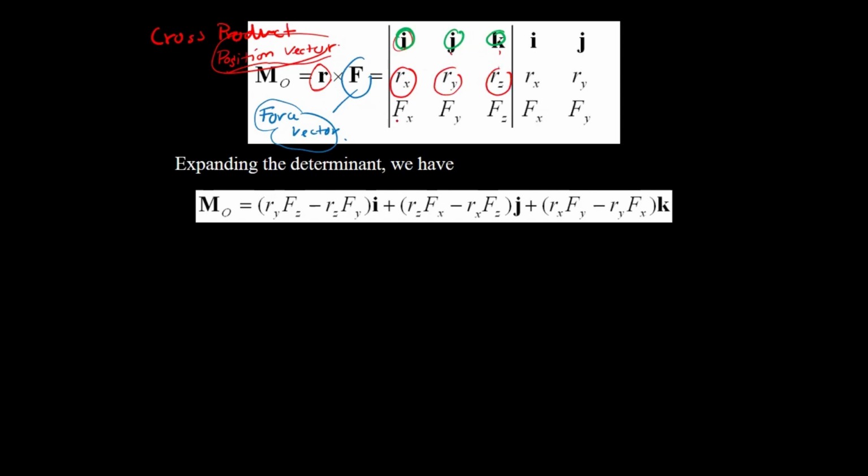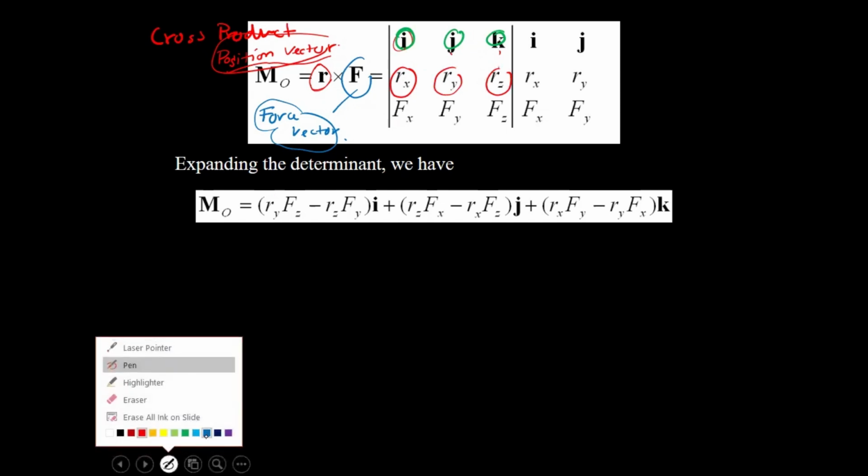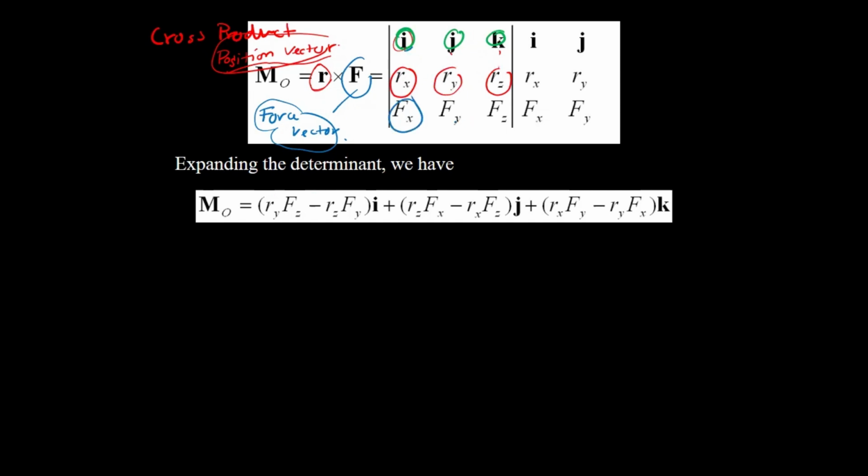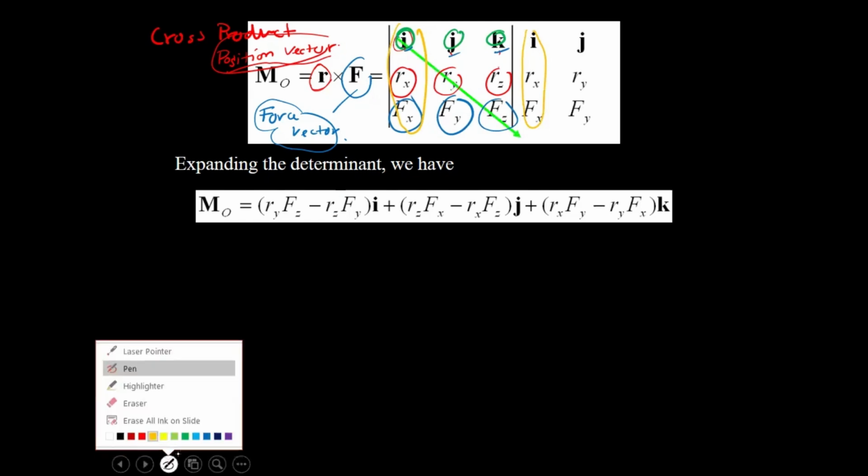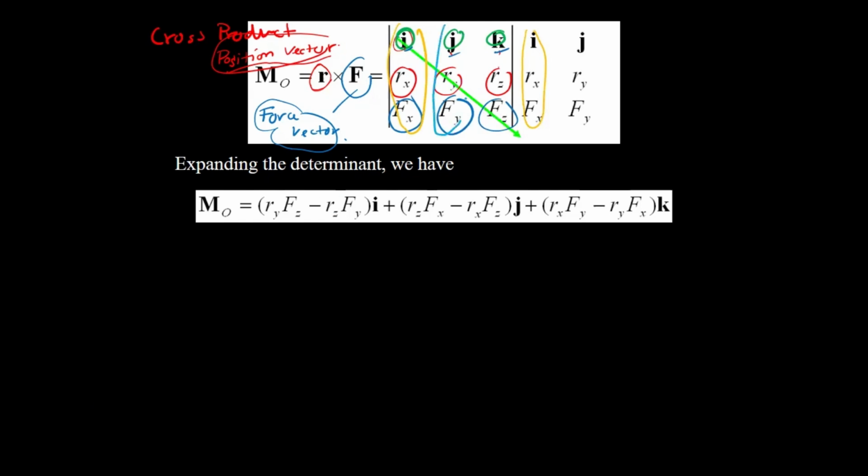And then the force vector: F sub x i, F sub y j, F sub z k. Then do a copy of this one and put it over here, and also do a copy of this one and put it over here.